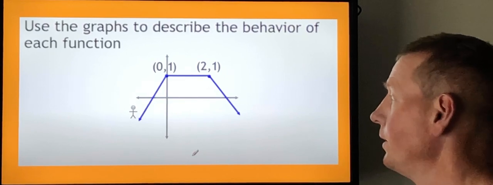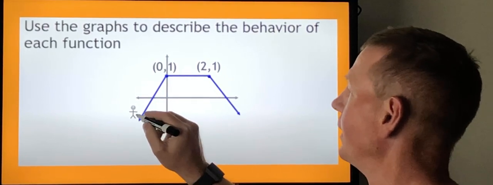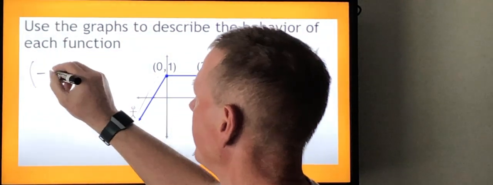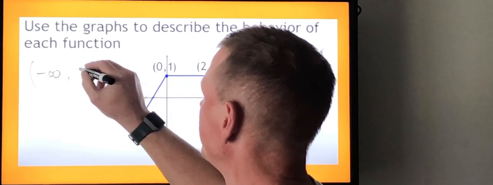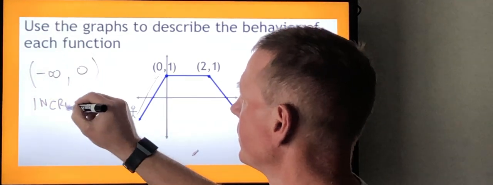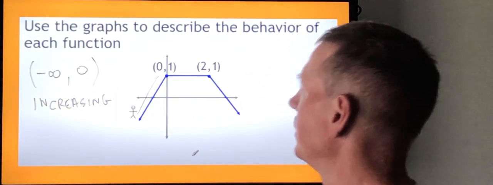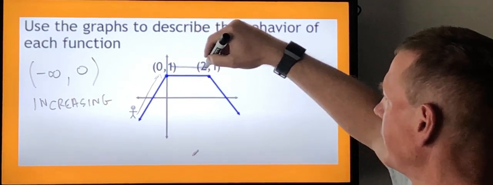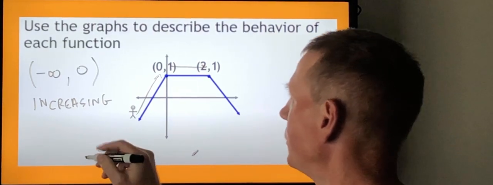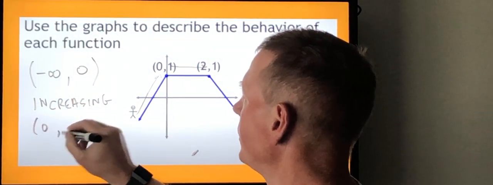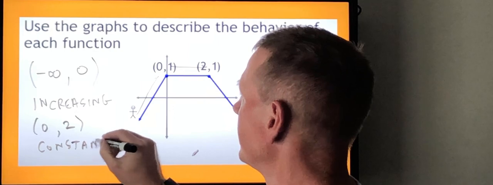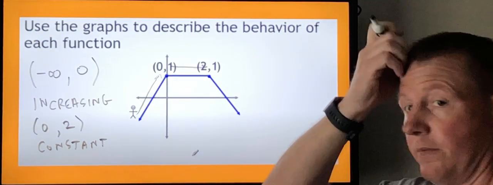Again, on this last one, my little stick figure guy, from here until we get to this point is going up. So from negative infinity all the way to 0, in this case, we are increasing. Notice once he gets to 0, we go straight across until we get to the x value of 2. So in this interval from 0 to 2, we are constant because the y value is staying the same.